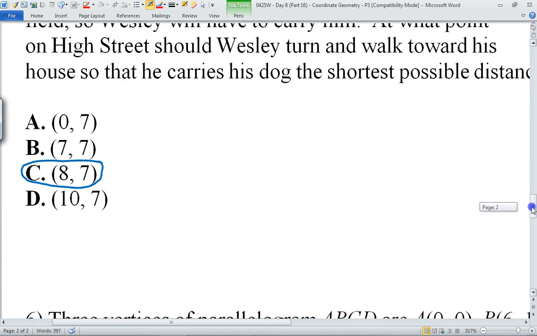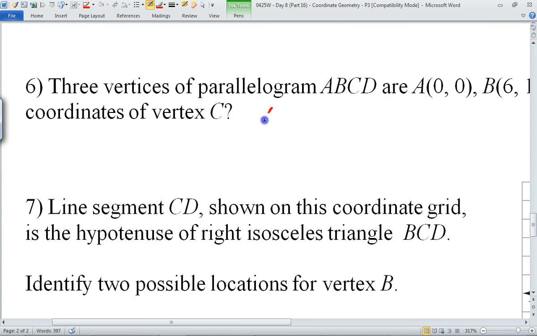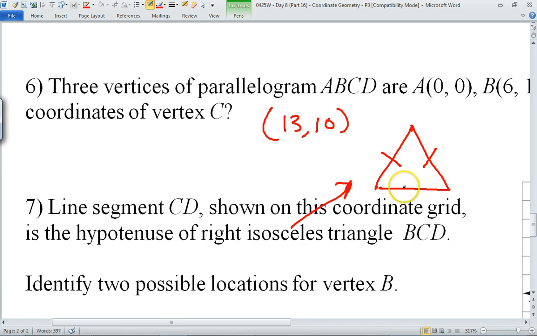Alright, now number 7. Line segment CD shown on the grid is the hypotenuse of a right isosceles triangle. Remember, this word isosceles, do you guys know what that word means? Yes. Two sides are congruent if it's isosceles.